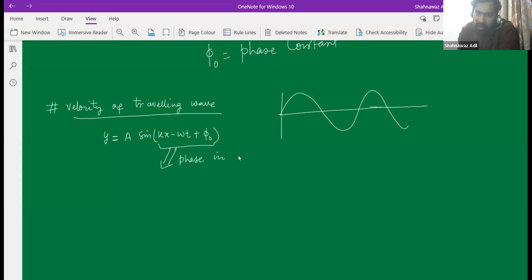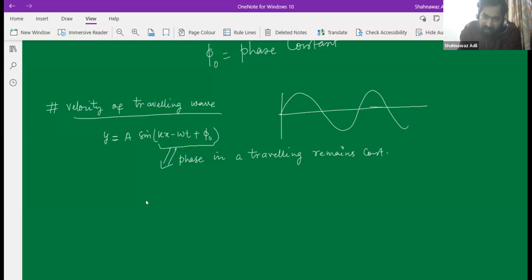In a traveling wave, this phase remains constant, because the wave is not accelerating. That is why this phase remains constant.